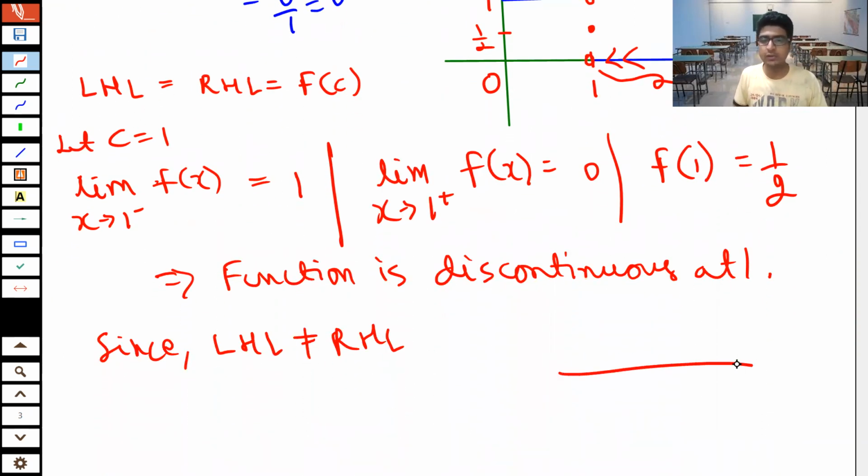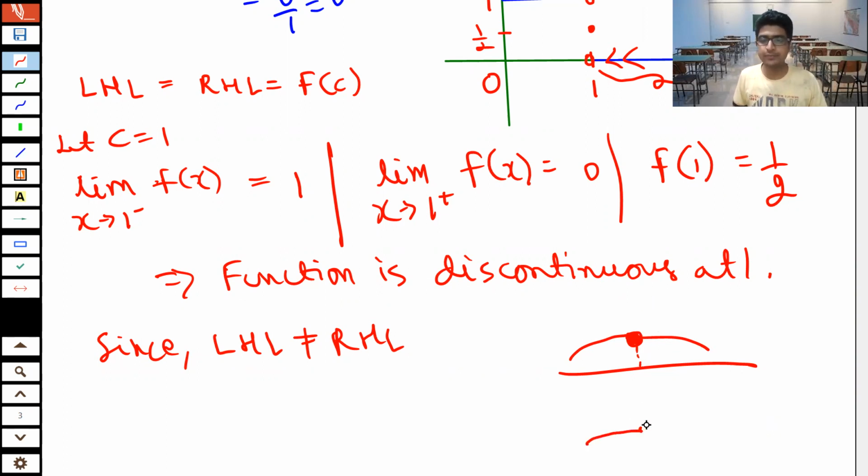Let me take an example. Suppose discontinuity is like this, that a particular point is somewhere else but LHL is equal to RHL. What you can do is redefine it. You can pick this point and put it back here, and now it becomes continuous. This kind of discontinuity is called removable discontinuity.